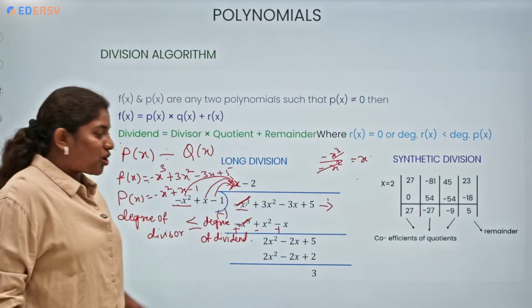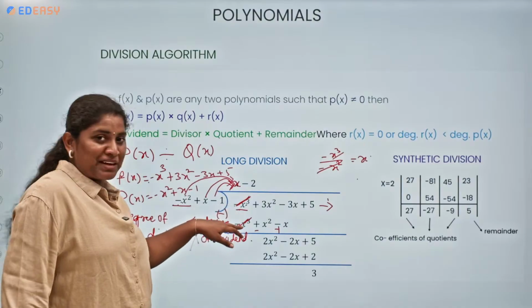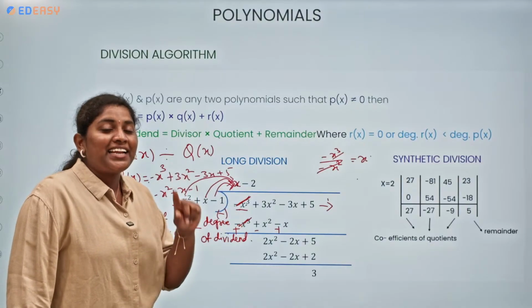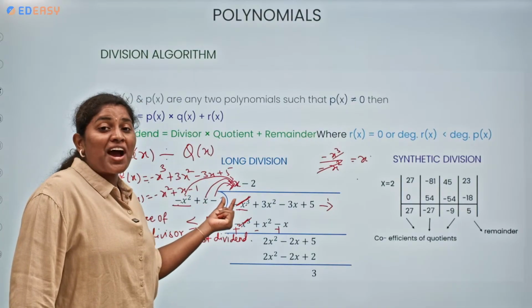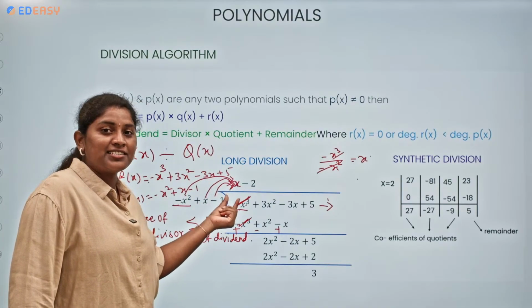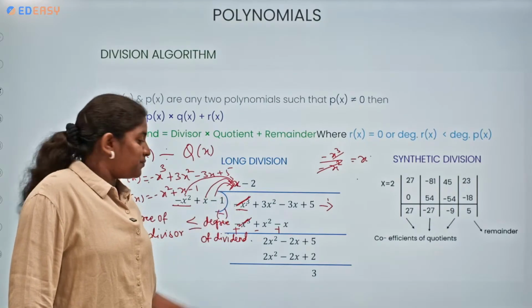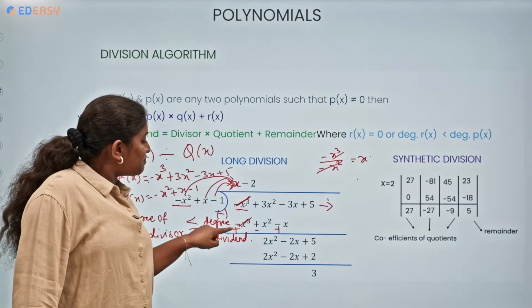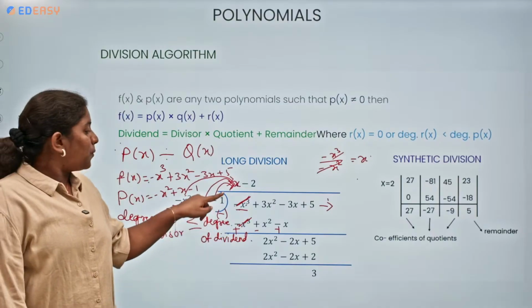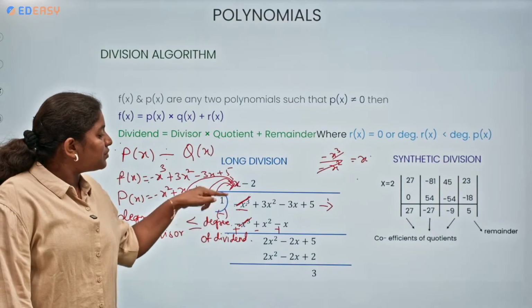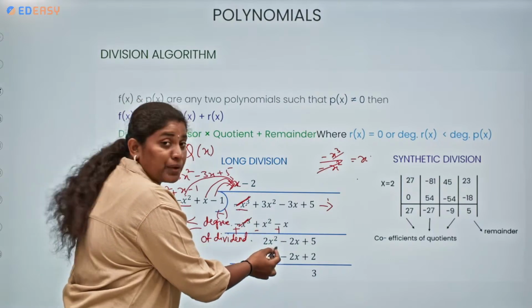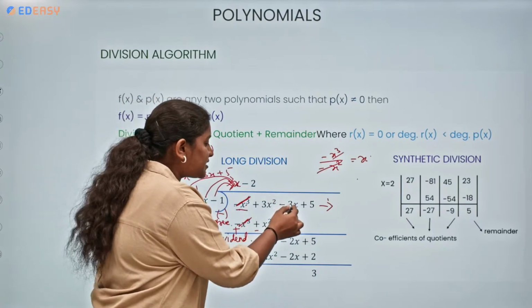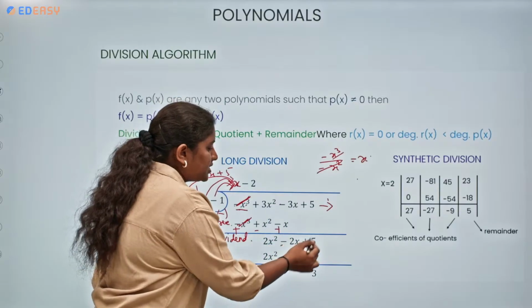Initially you wondered how we can cancel minus x cube and minus x cube. By subtracting these two polynomials only can you cancel the highest exponent term. Okay, so after the subtraction, minus becomes plus, so minus x cube and plus x cube get cancelled. And here 3x square minus x square gives 2x square, and minus 3x plus x gives minus 2x.